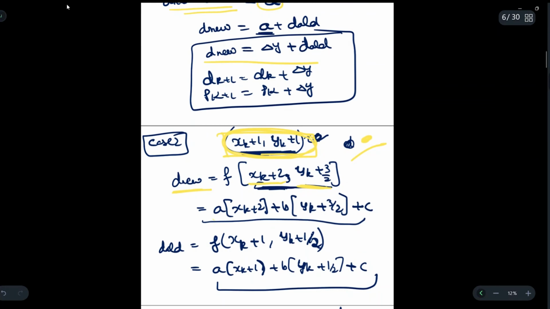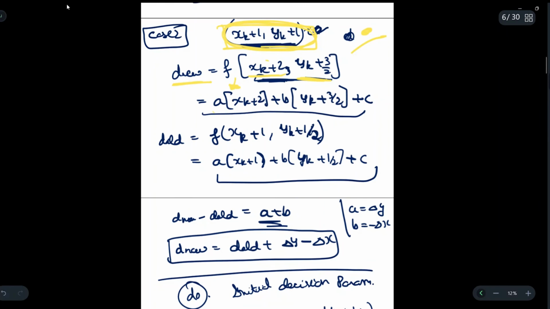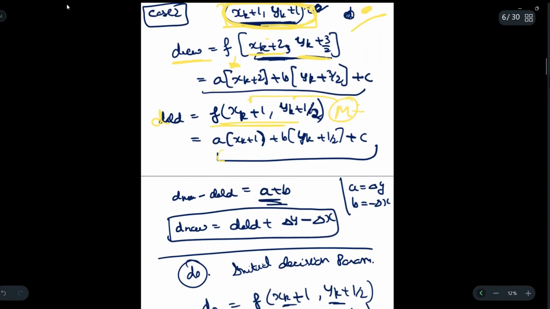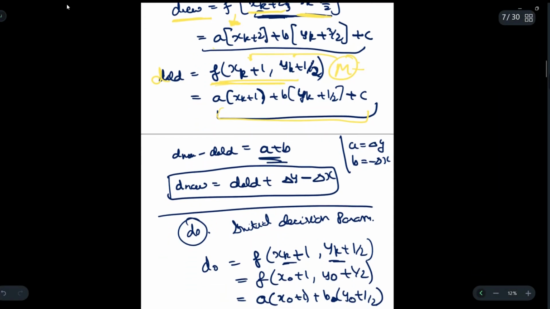Now we write the function f in its simplified form, and d old was the same as the old point, that is f written as a function of the midpoint in x and y, with a, b and c found to simplify f. Then we found d new minus d old and rearranged it, and we got the value of d new.